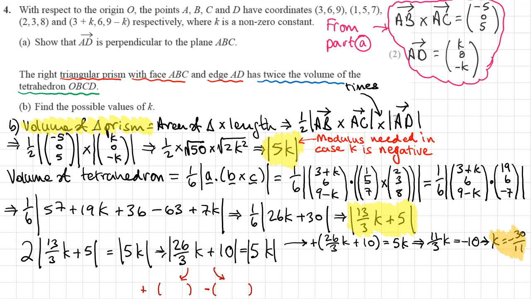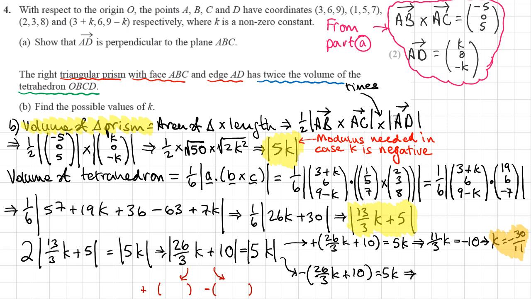Right, the next thing I'm going to do is replace the modulus with a negative sign and brackets. So I'll get negative and then brackets 26K over 3 plus 10 is equal to 5K. So I'll rearrange this.